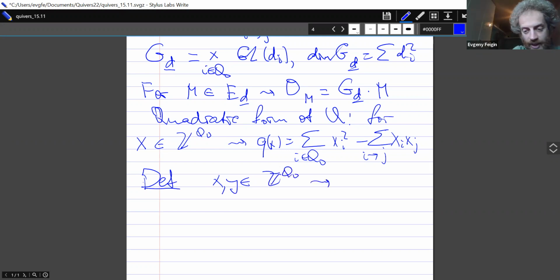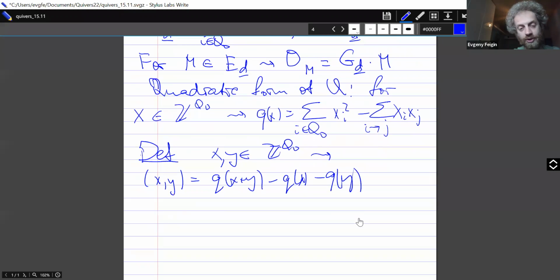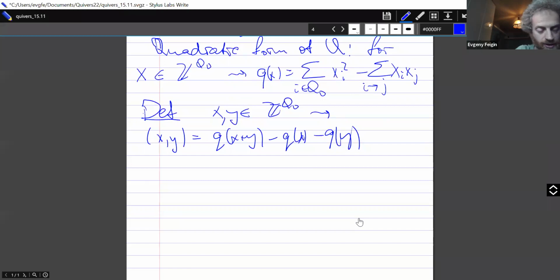And for these two, we say that (x,y) is, by definition, q of x plus y minus q of x minus q of y. Yeah, so this is just the definition of the bilinear form. And let's compute it explicitly. So it's a kind of computation.